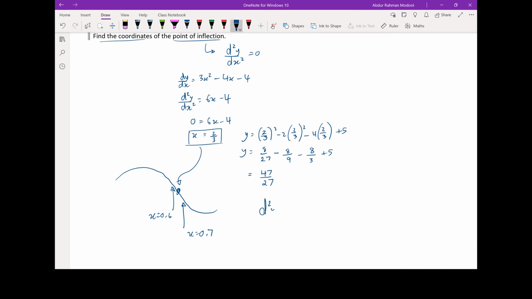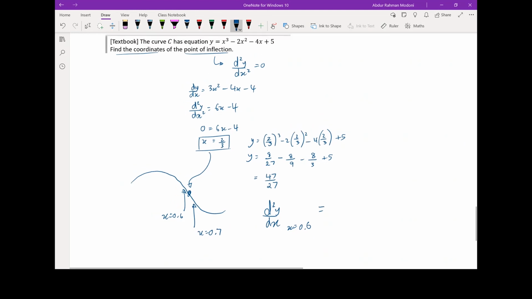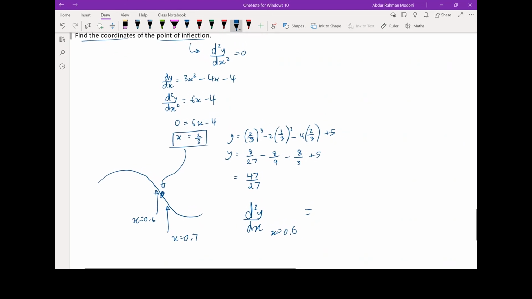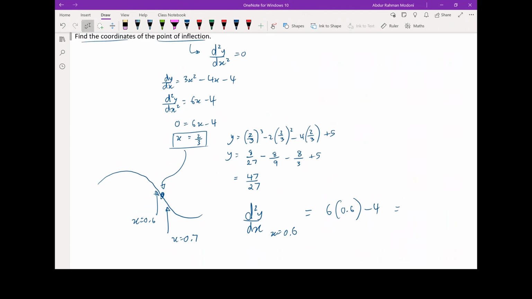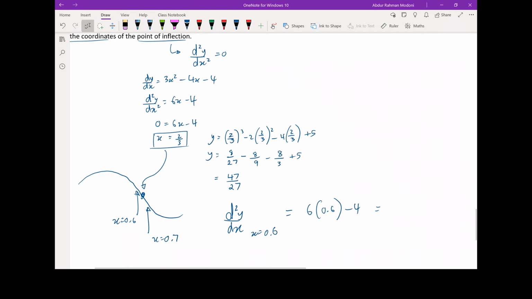So our second derivative d²y/dx² at x = 0.6 is equal to 6 lots of 0.6 minus 4, so 3.6 minus 4, which is −0.4.